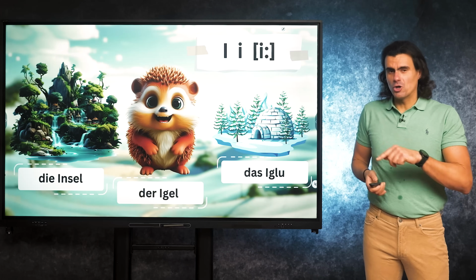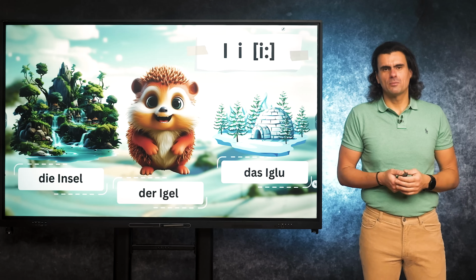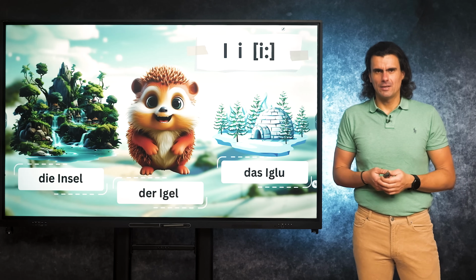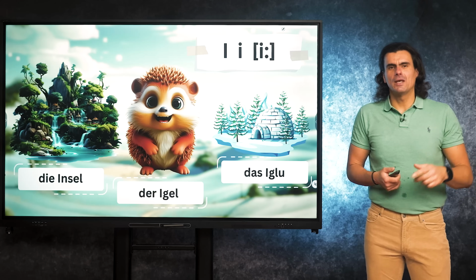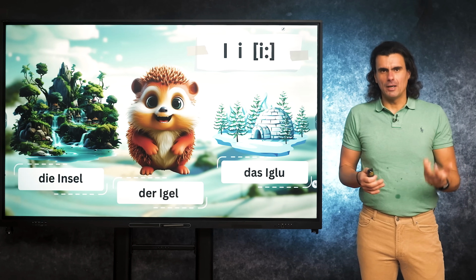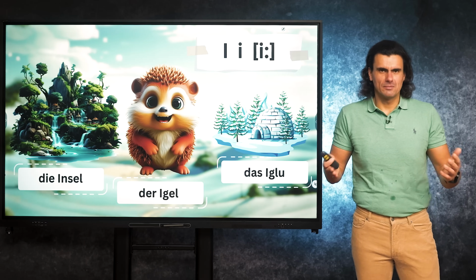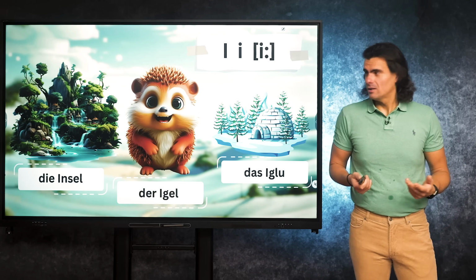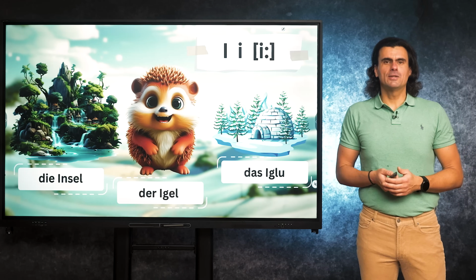The I. In German, this letter I is pretty much always pronounced E. So it is pronounced like the fifth letter of the alphabet in English. In German, this one is E by pronunciation. Die Insel, which is the island, der Igel, which is this cute hedgehog over here, und das Igloo.